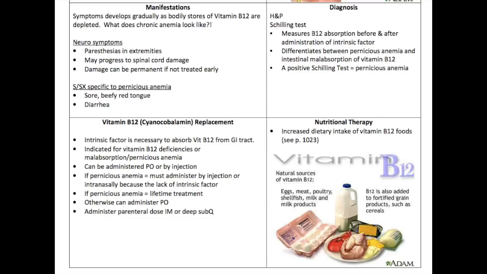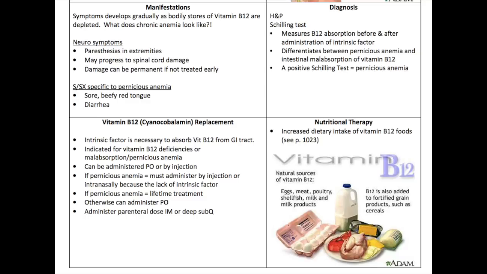So paresthesia in your limbs, in your extremities. This could progress to spinal cord damage. And then the bad thing about this is if you don't treat this early enough, the damage could actually be permanent.